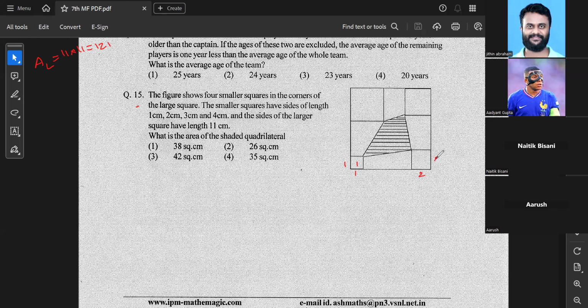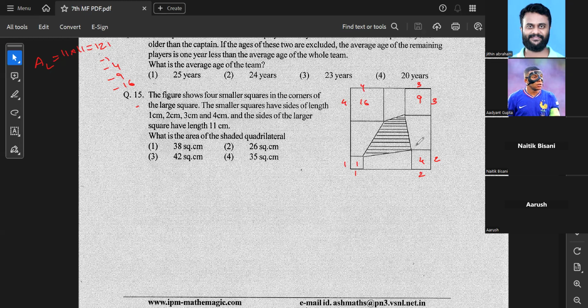The dimension for this is 2 and 2, so the area is 4. The dimension for this is 3 and 3, so the area is 9. The dimension for this is 4 and 4, so the area is 16. All these numbers I have to subtract from 121. So it will be minus 1, minus 4, minus 9, minus 16. I'm not going to solve it, I'm just giving you a hint.